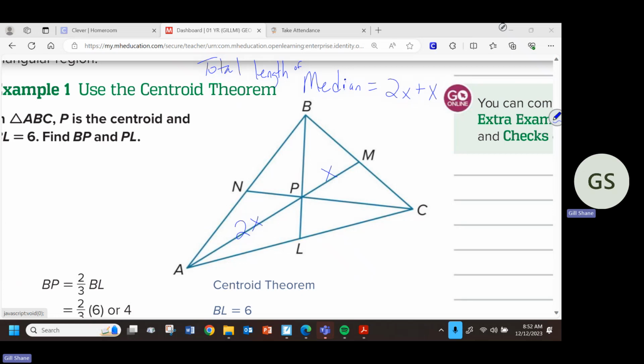Here, I'll just do one. I want to know what PM is, and I'm telling you AM equals 9. You solved it.